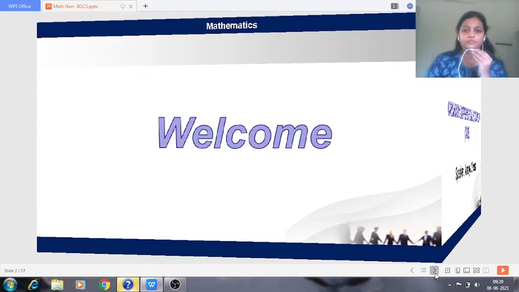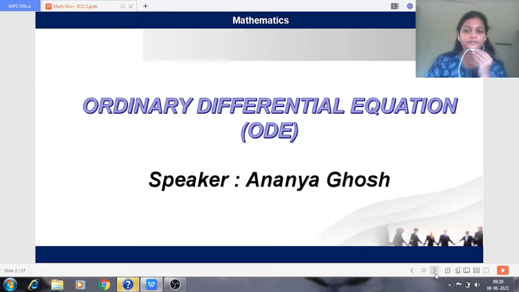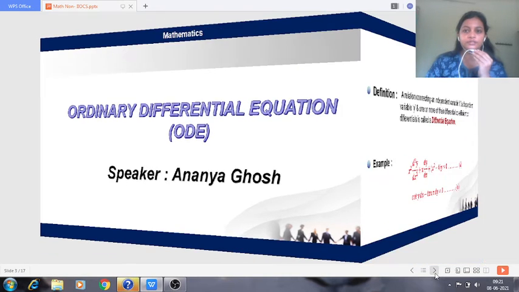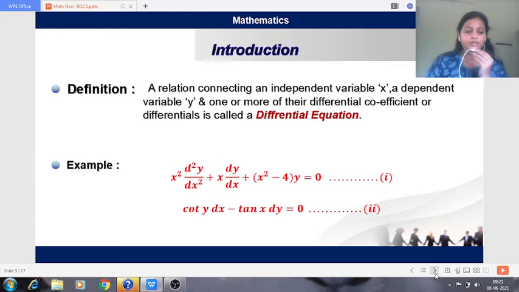Today we will discuss ordinary differential equations. Before discussing ordinary differential equations, we need to know about differential equations. Now, what is a differential equation?